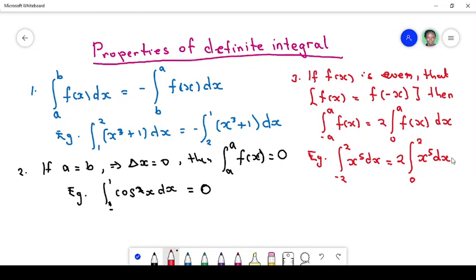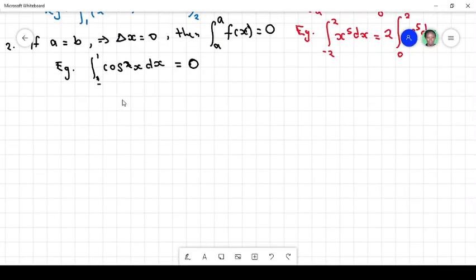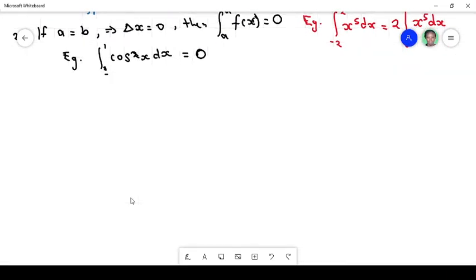That is, f of minus x is going to be minus f of x. Then if I have the integral from minus a to a of f of x dx, we are saying it is equal to what? 0. So you can make an example to show and give your comments in the comment section.